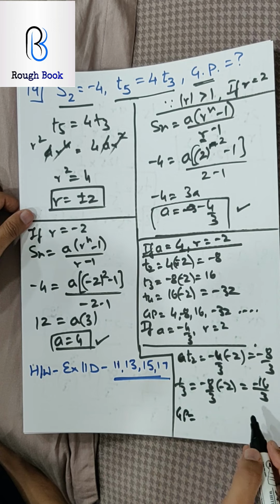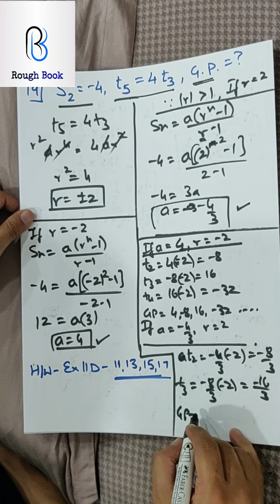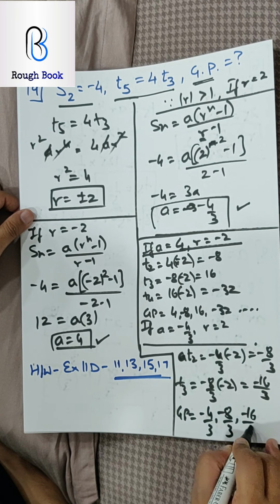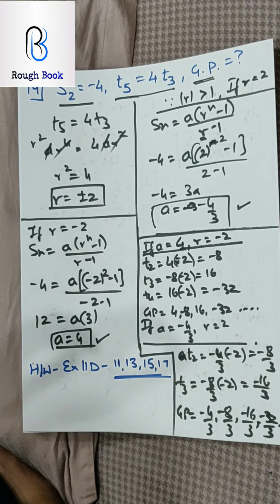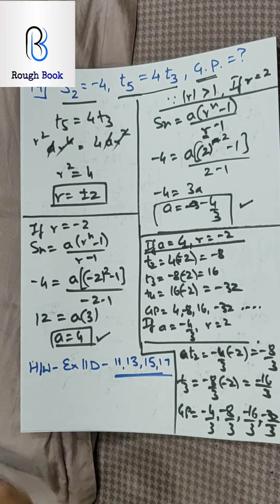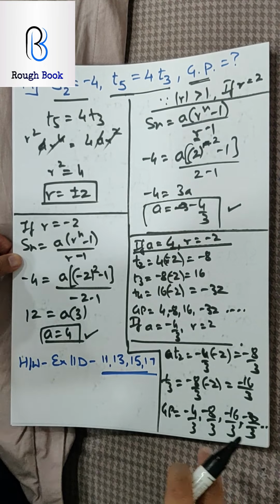I don't have place, so I am not writing it, but please adjust. So my GP will be minus 4 by 3, minus 8 by 3, minus 16 by 3, minus 32 by 3, and so on. So we got two different GPs. I hope you managed to reach this part.